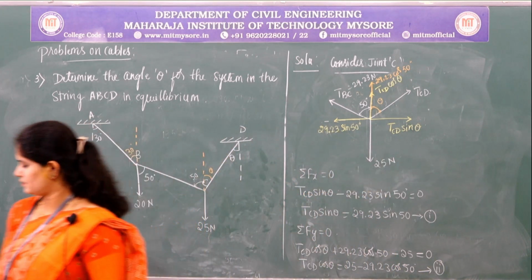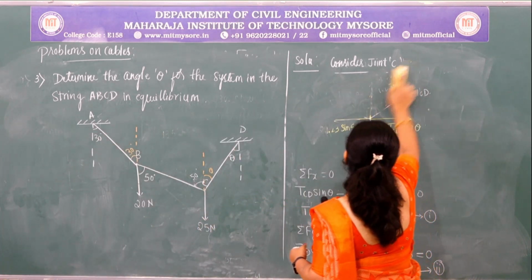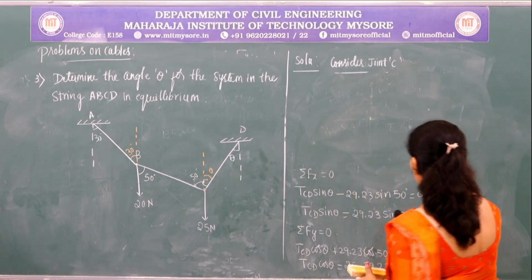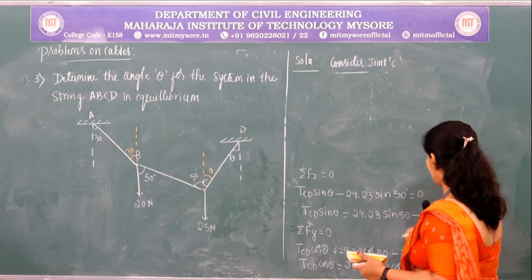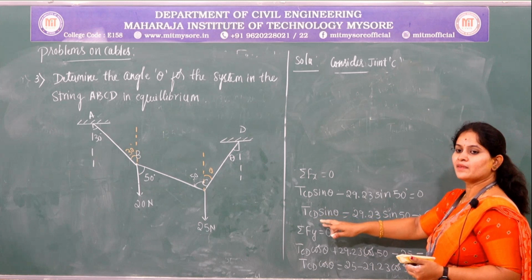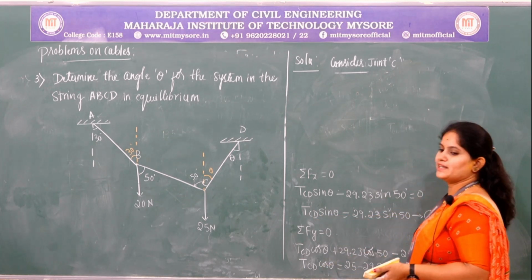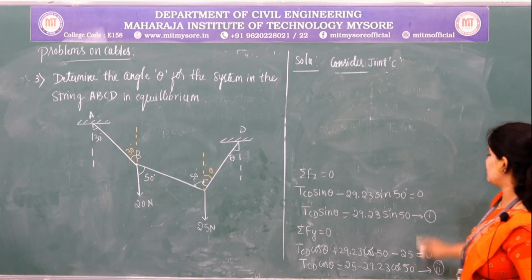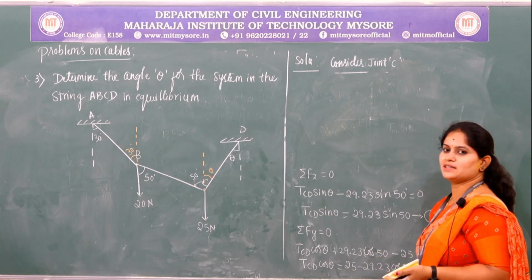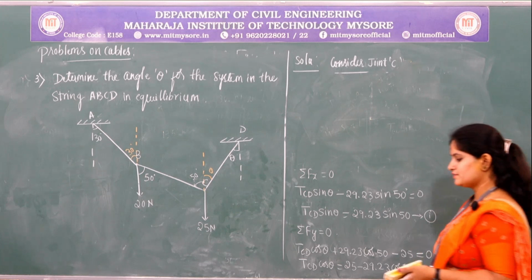So now if we do equation 1 by 2, so at LHS there is TCD sin theta, and in equation 2 there is TCD cos theta. If we divide equation 1 by 2, TCD and TCD get cancelled, and sin theta by cos theta is going to give you tan theta, and you can solve for theta easily.